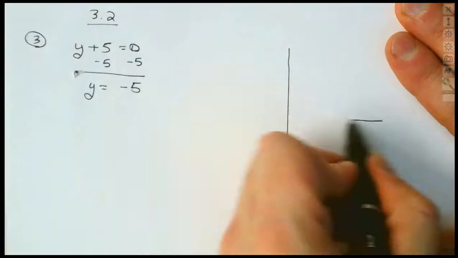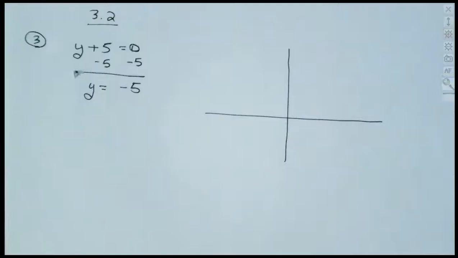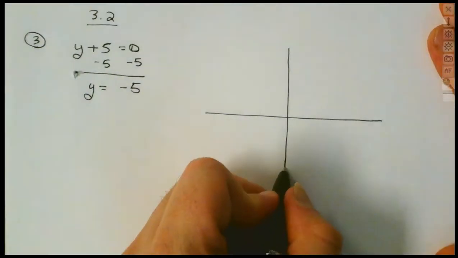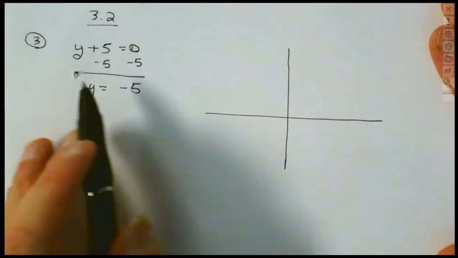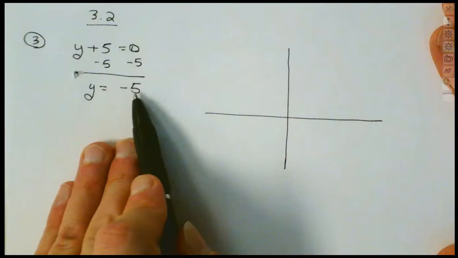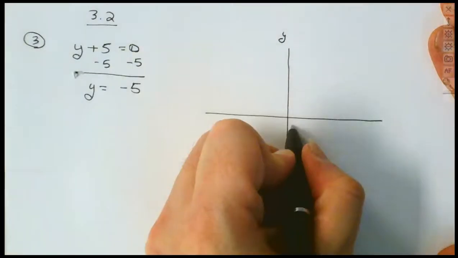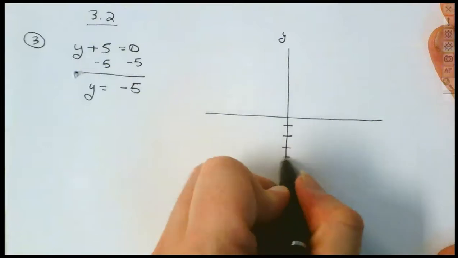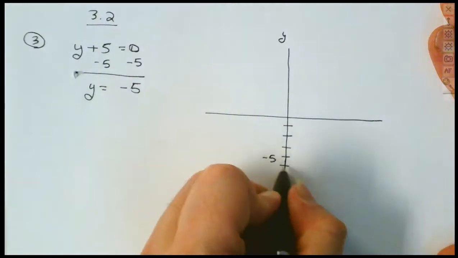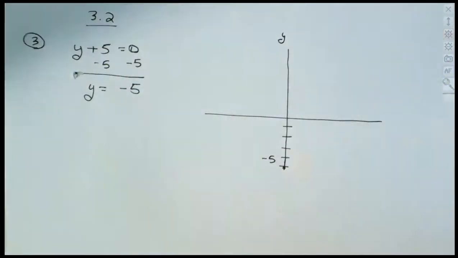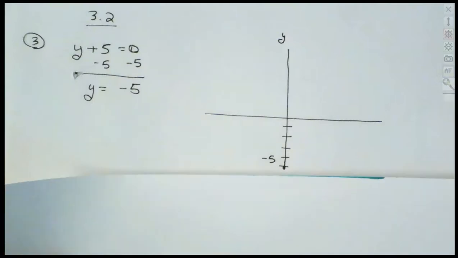We know that we can graph this line without picking points, because this is a y-only line, which means it's a horizontal line. And where is it at? -5. So we're going to go down 5 units on our y-axis. Okay, and there's -5. We're just going to draw a horizontal line across.